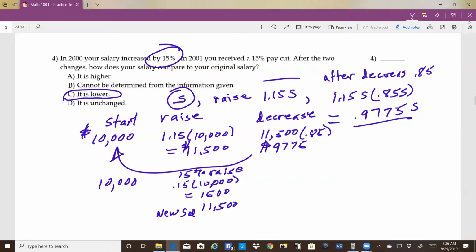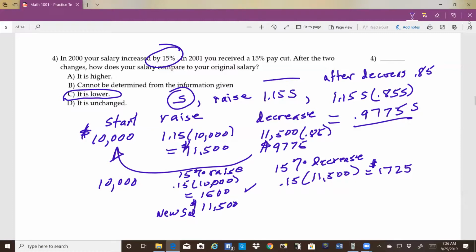Add 1,500 to the 10,000. And then the 15% decrease. So it decreases by 0.15 times 11,500, which is $1,725. How much his salary goes down.